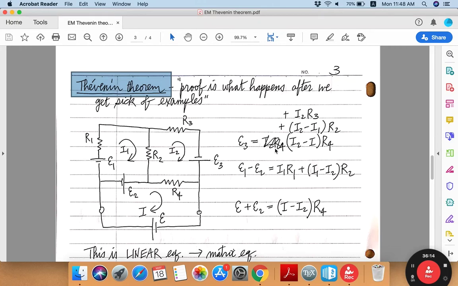But in my personal view, proof is what happens once we have seen enough examples and start to get sick and tired of playing with more and more examples.